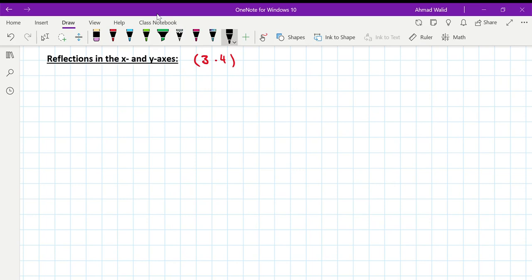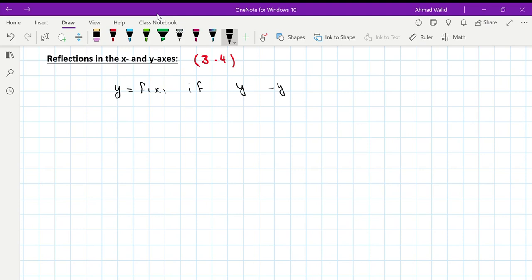Okay, see, if I have my function y equals f of x, and we replace y with negative y, let's see what's happening.